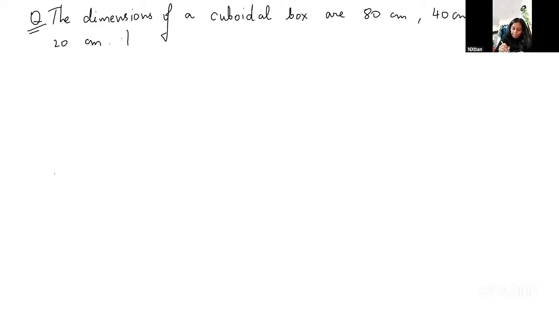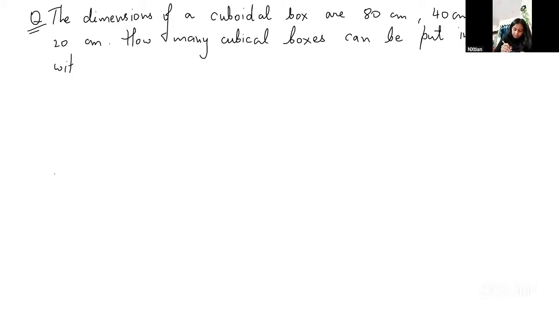How many cubical boxes can be put into it with width 10 centimeter, 10 centimeter wide?